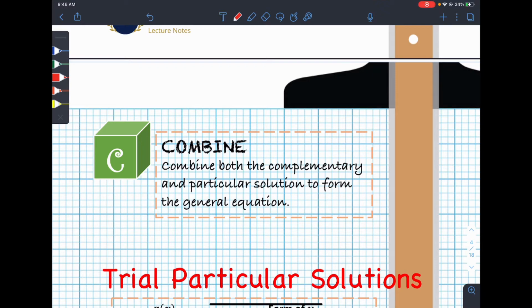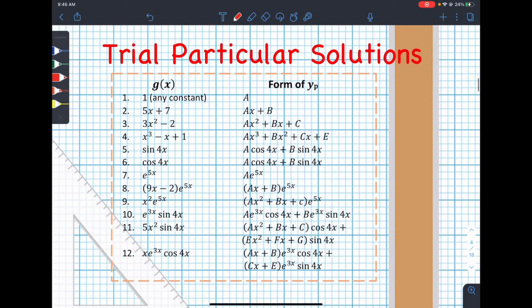But how do we get the particular solution? To get the particular solution, we should be familiar with our trial particular solution. As you can see here, this is the g of x. The g of x is what makes it non-homogeneous because of the presence of the independent variable x.